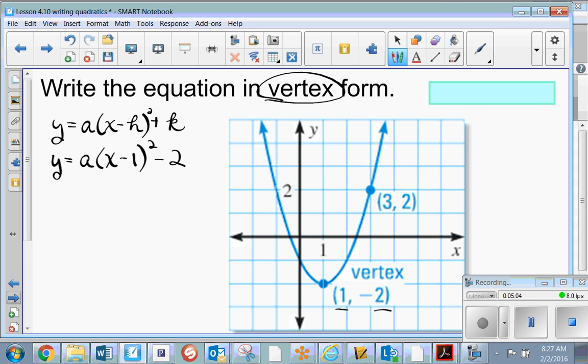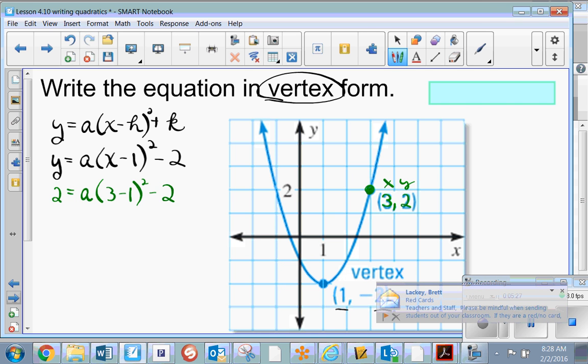And we could use any point on the line, but it kind of gives us one to work with right here, (0, 2). So that's an x and a y we can plug in. I know that it should make the equation true. So 2 equals a. What did you say?